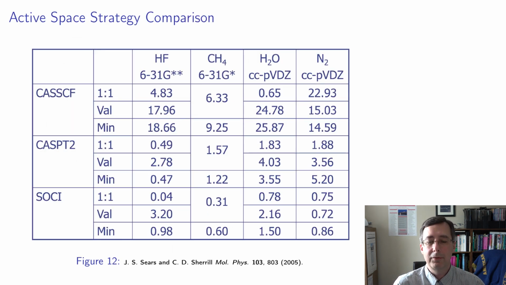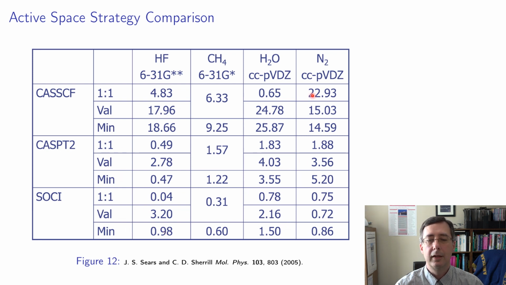This is a table summarizing some of our results for different unimolecular bond dissociations, or triple bond dissociation in the case of N2. And I won't get into any details other than to say second order CI, multi-reference CI, tends to have smaller non-parallelity errors.